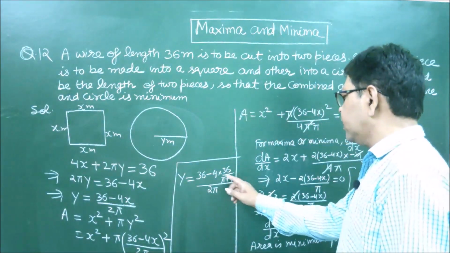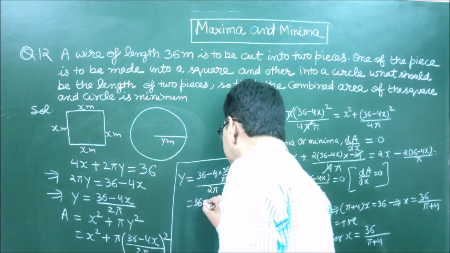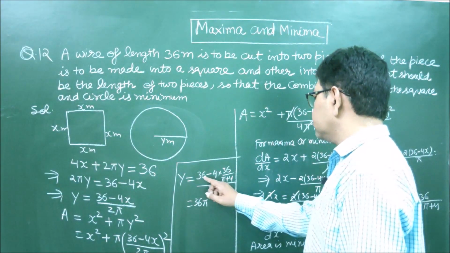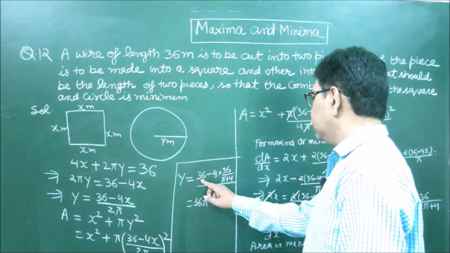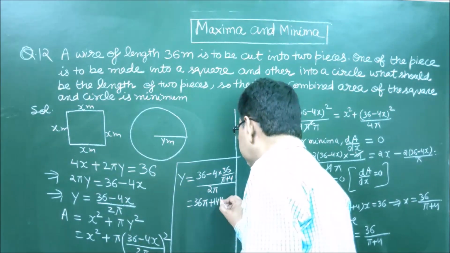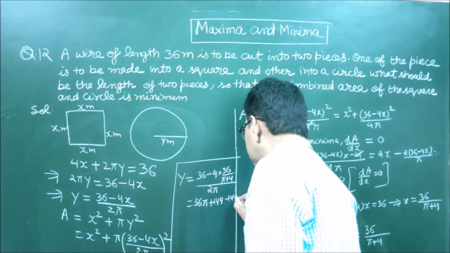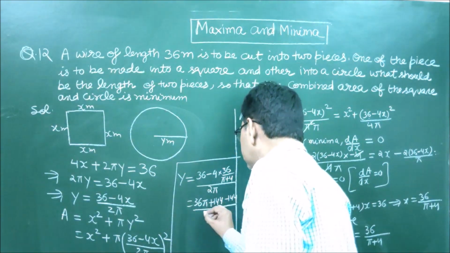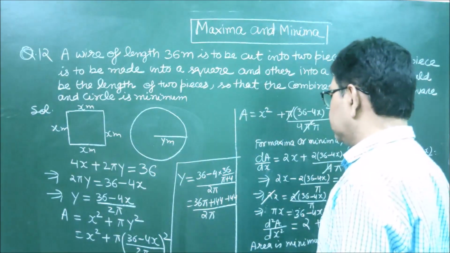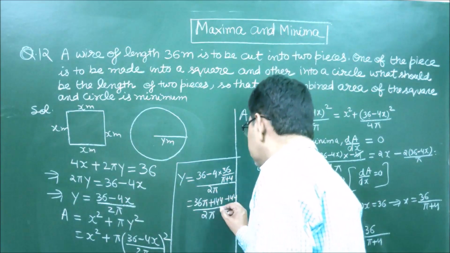So on taking the LCM in the numerator, 36 pi plus 144 minus 144 upon 2 pi into pi plus 4, which we have taken in the LCM.